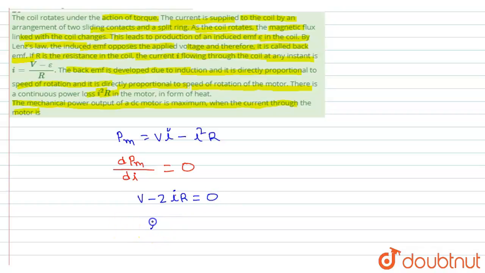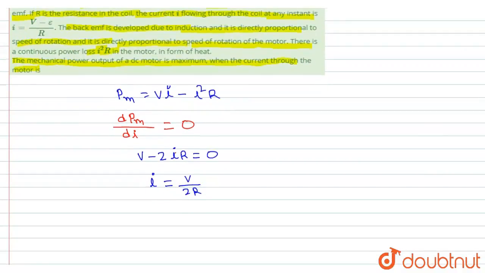From here we can find the I value, which is equal to V divided by 2R. So this is the current at maximum power: I equals V divided by 2R.